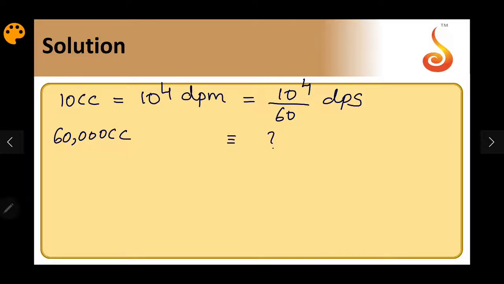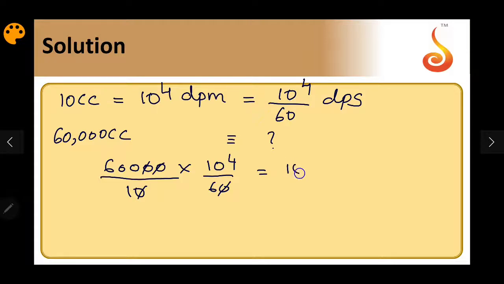So 60,000 into 10 power 4 by 60, whole divided by 10. The zeros get cancelled, 6 and 6 get cancelled. It becomes 10 power 6 dps.